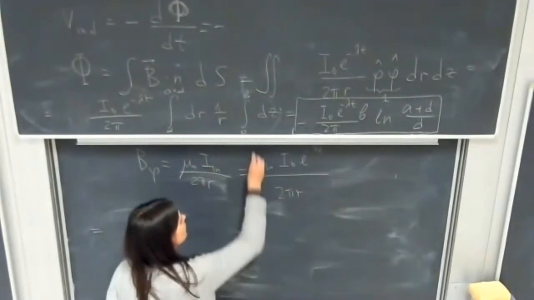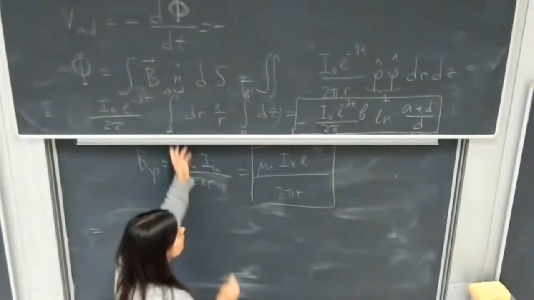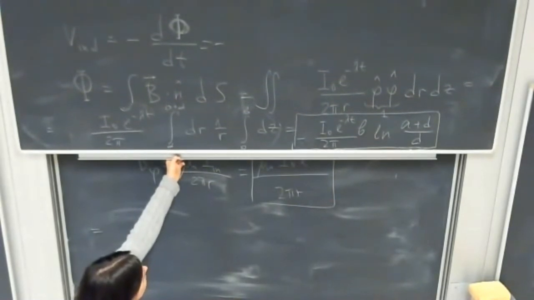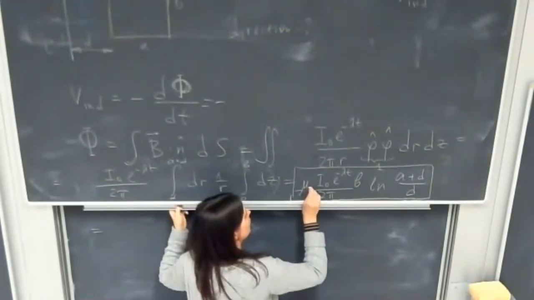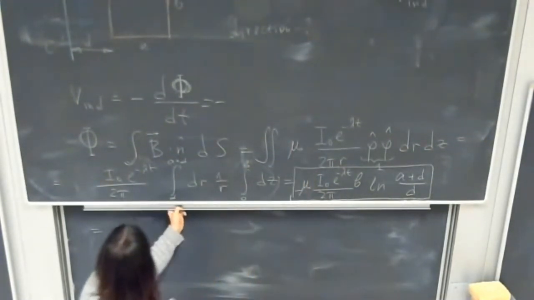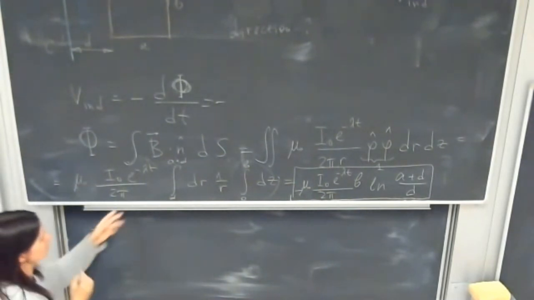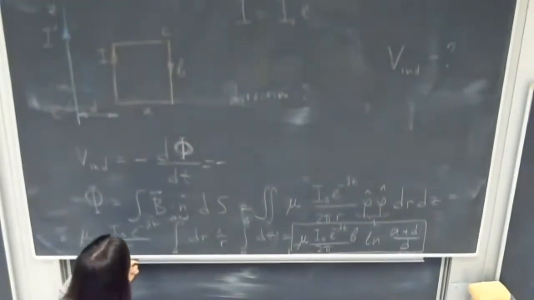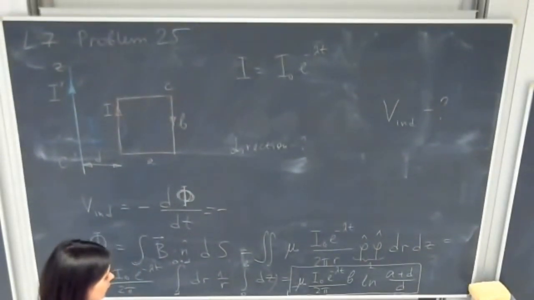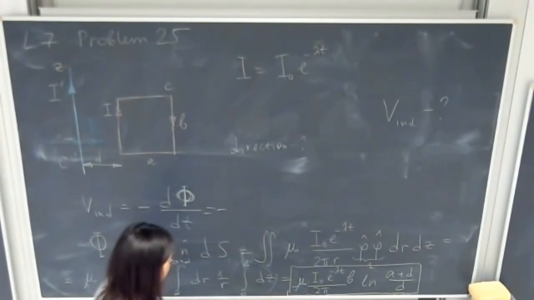Yes, this was the value of the magnetic field. It should be 2 pi r. Yep, the rest seems to be fine. Okay, so back to the corrected flux.